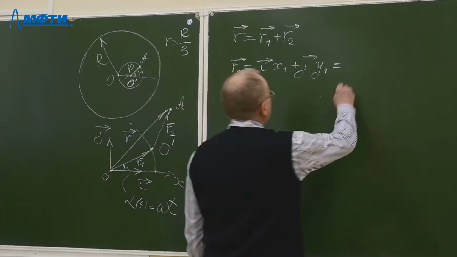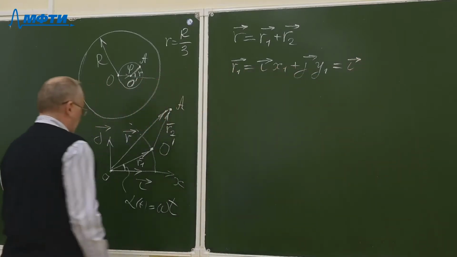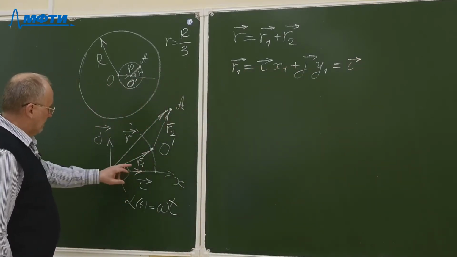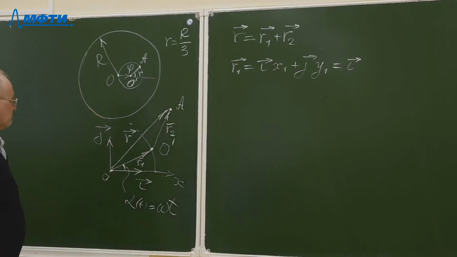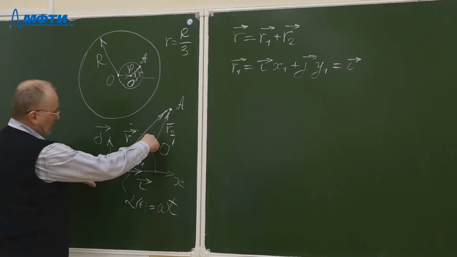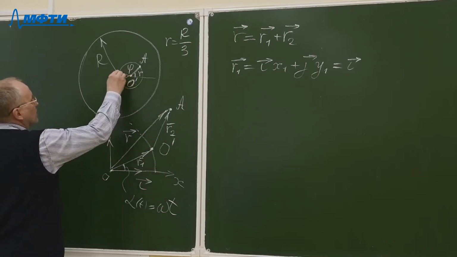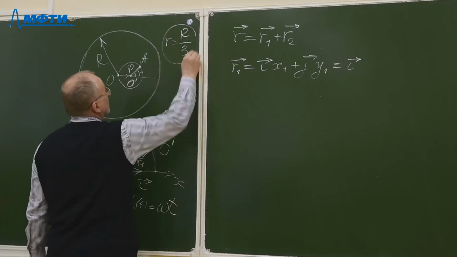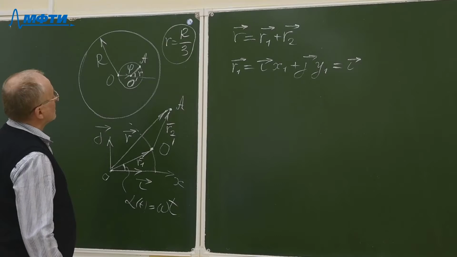And then the coordinates x1 and y1 of this vector r1 will depend on time in the following way. The length of this vector r1, that is the distance of point O prime from point O, is given. It's indicated here as small r.